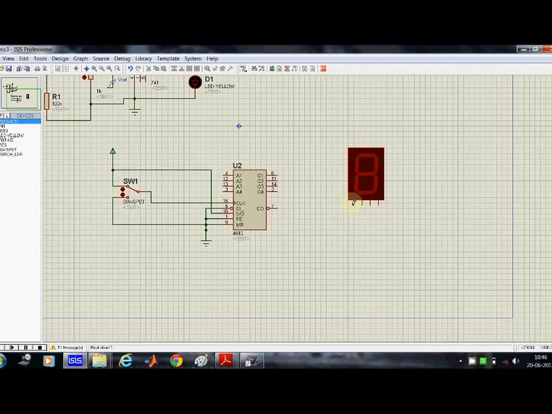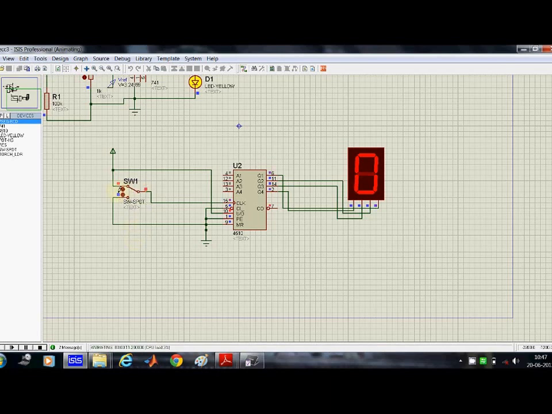This can display the binary code directly. So this is the least significant bit, and this is the most significant bit. And starting from 0, we see that is 1, 2, 3, 4, 5, 6, 7, 8, 9 and 0.